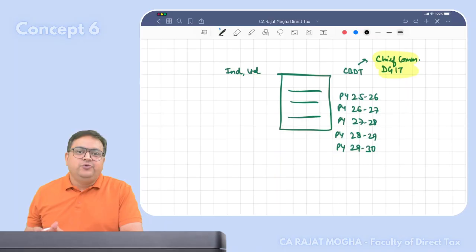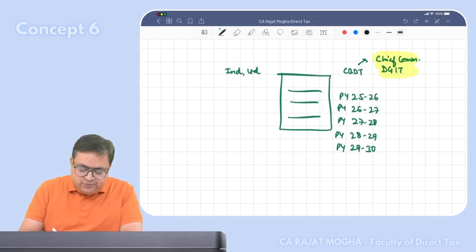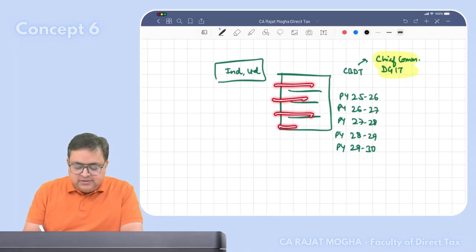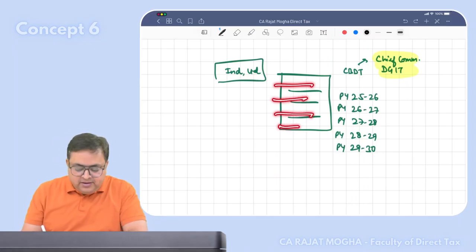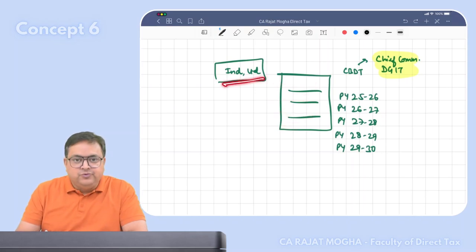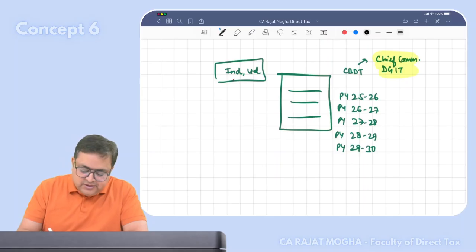Now, what you have to do is, let's say, for example, you have given certain information that these types of transactions we enter into. Guys, every year, you have to give a compliance report.